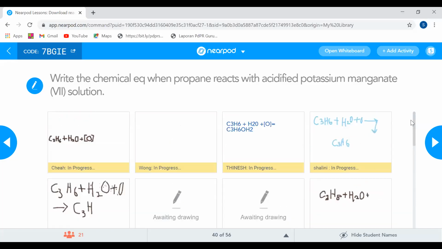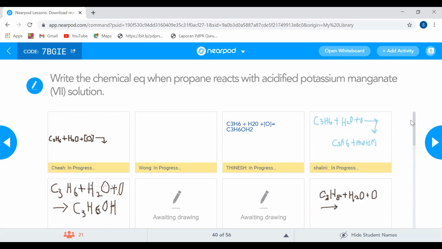On top of your arrow, if you can write acidified potassium manganate 7 solution, that is good. I know sometimes you cannot write it all, so just put APM7S. That is also okay.